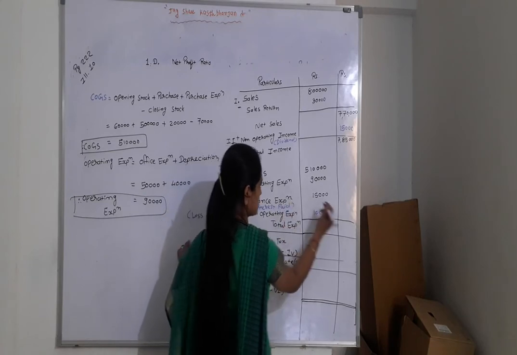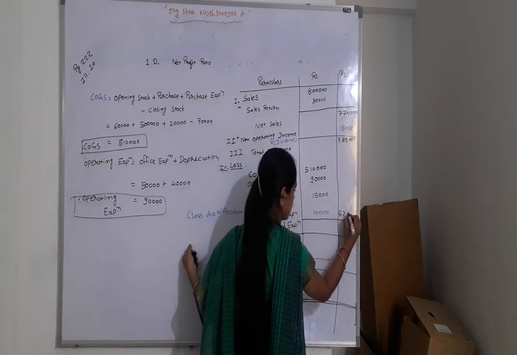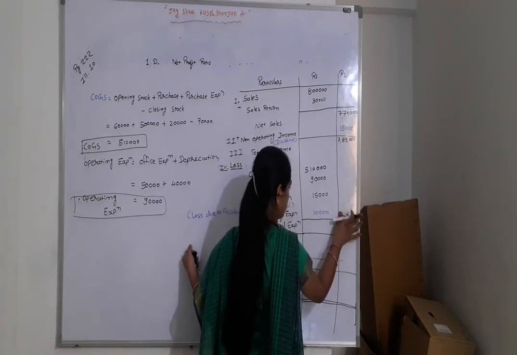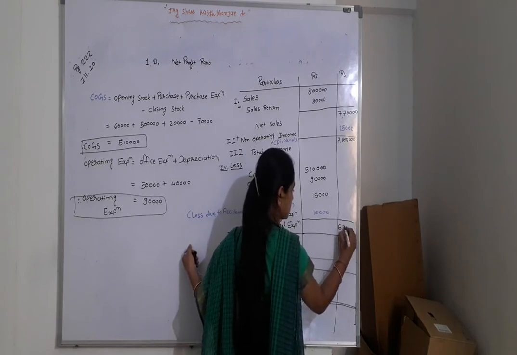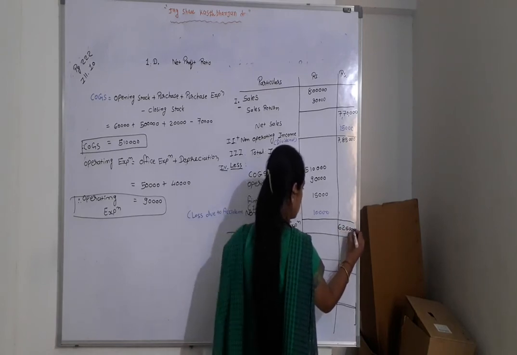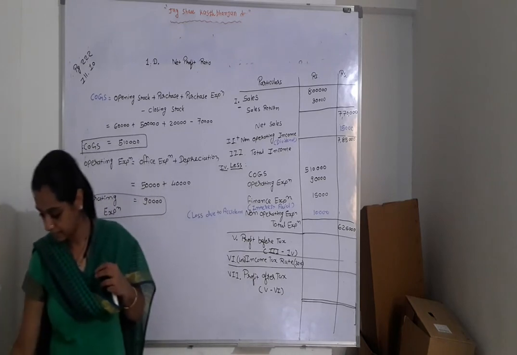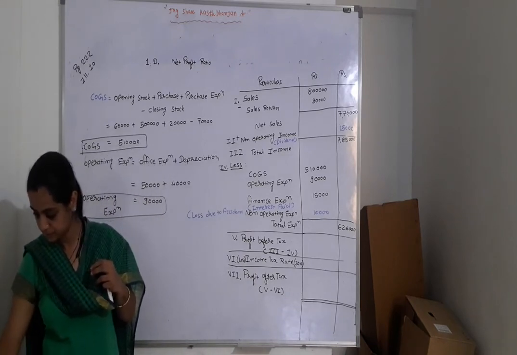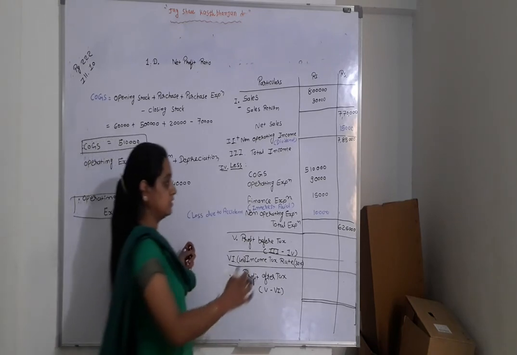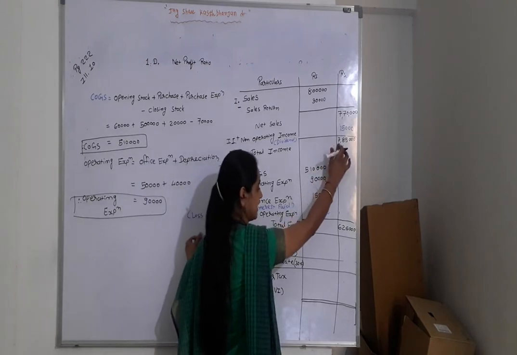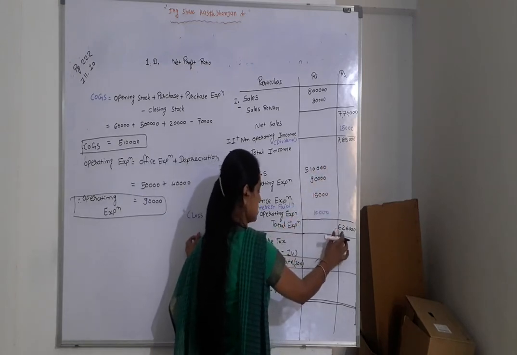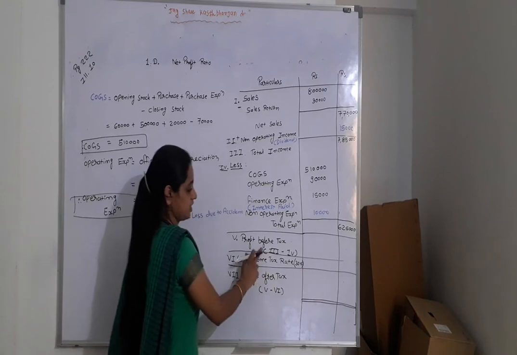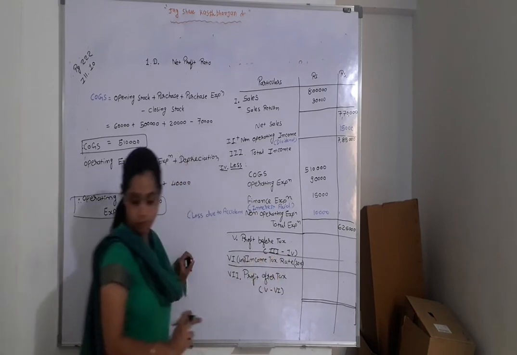Total of COGS, 6,25,000. Sorry, here 6,25,000. Okay. Then deduct 7,85,000 minus 6,25,000. 3 minus 4.